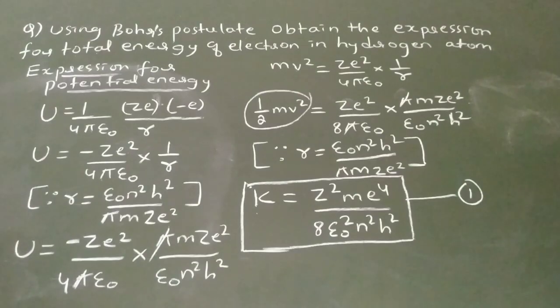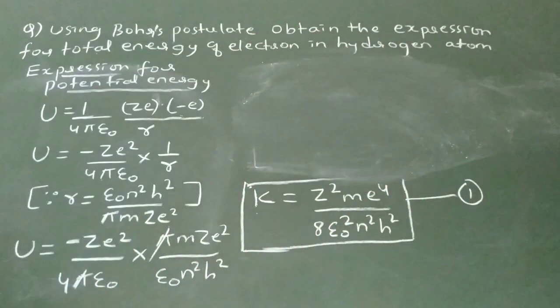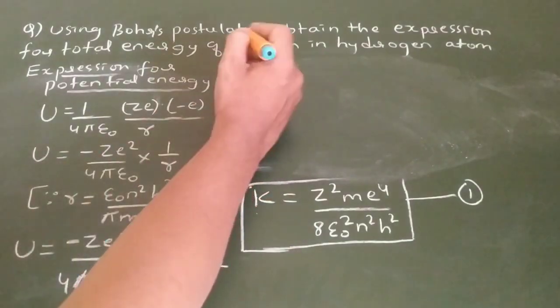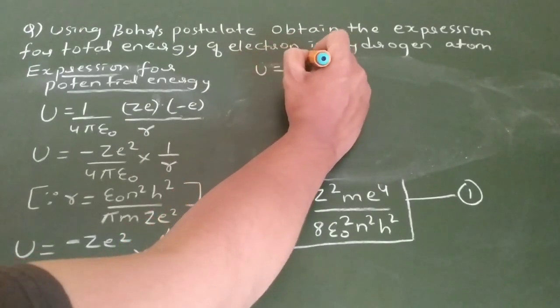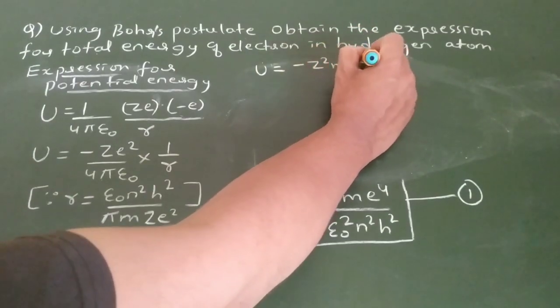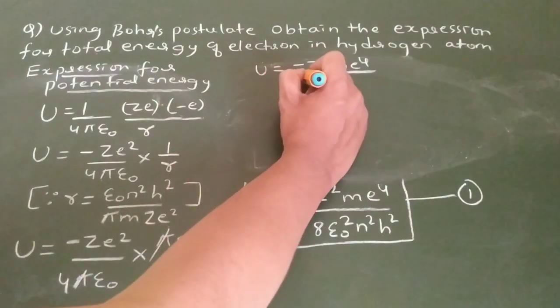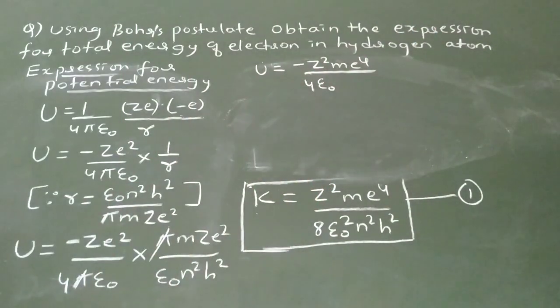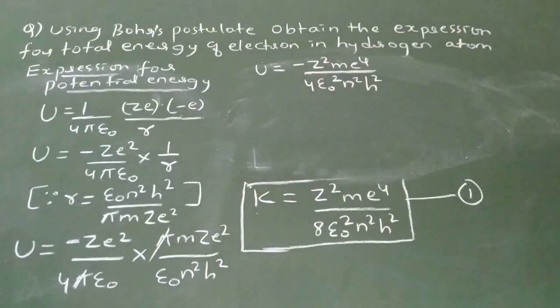Now what is remaining? I will rub here so that you can write. What is the final value you are going to get? U is equal to minus Z square m e to the power of 4 divided by 4 epsilon naught square n square h square, since only 4 is remaining.